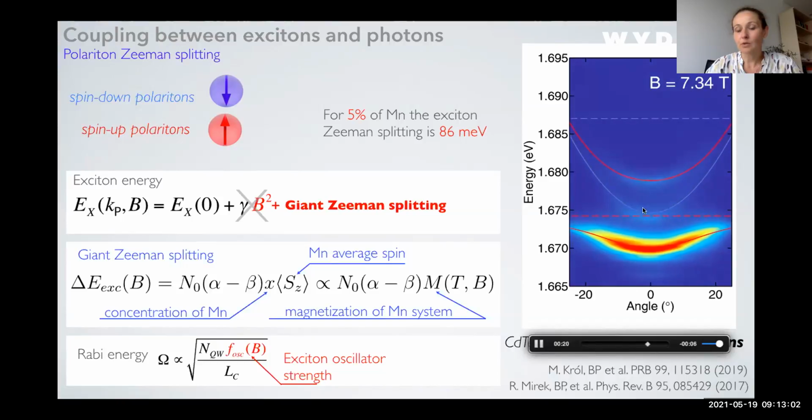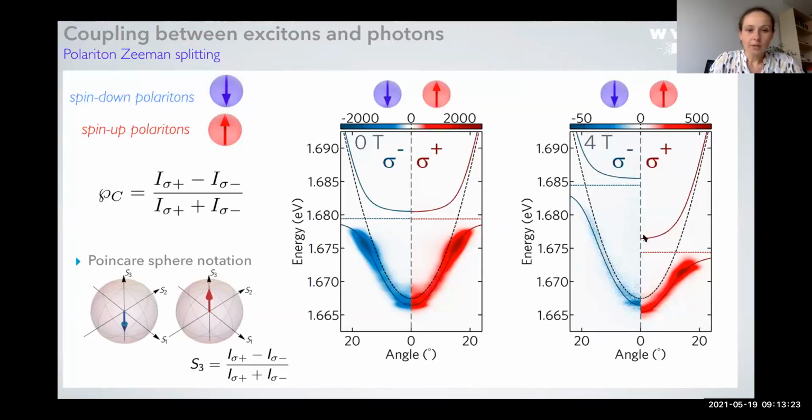And actually this is a very huge splitting that then transforms to the polariton splitting, and you can have two branches of spin down and spin up polariton completely split in energy. What I will use in the rest of my talk is such a notation: for the spin down polaritons or sigma minus photons, I will use the color blue, and for spin up polaritons or sigma plus photons, I will use the red color.